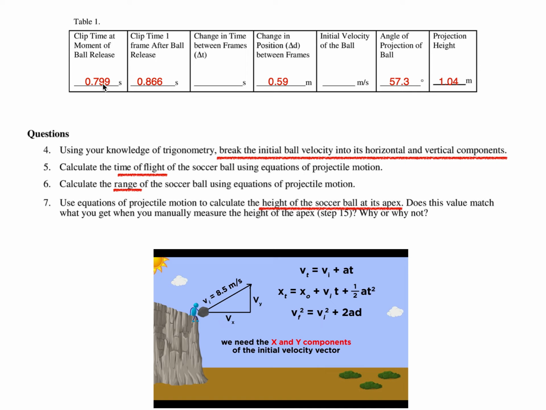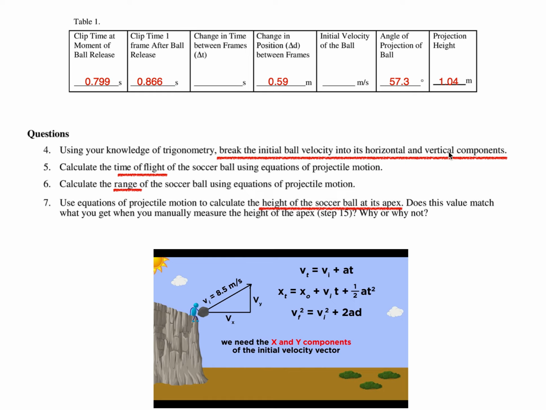And actually, all the needed variables are already collected by me. You just need to use those numbers to calculate what you're asked to calculate. The questions for each exercise are pretty similar. For example, the first one will ask you to use your knowledge of trigonometry to break initial velocity into its horizontal and vertical components.